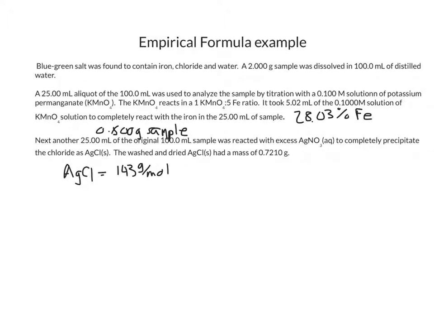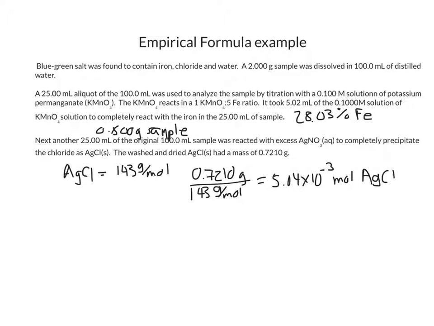So I can figure out the number of moles of silver chloride that I have, so 0.7210 grams divided by the 143 grams per mole for the silver chloride tells me that I have 5.04 times 10 to the minus 3 moles of silver chloride.